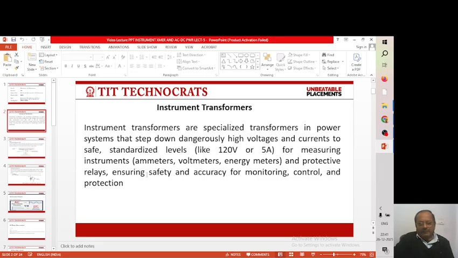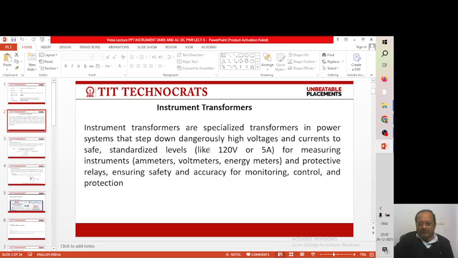So there are two types of instrument transformer. The first is the current transformer, which steps down the current in a high transmission line or distribution line, and the second is the voltage transformer or potential transformer, which steps down the high level voltage in the transmission line to low level voltage.